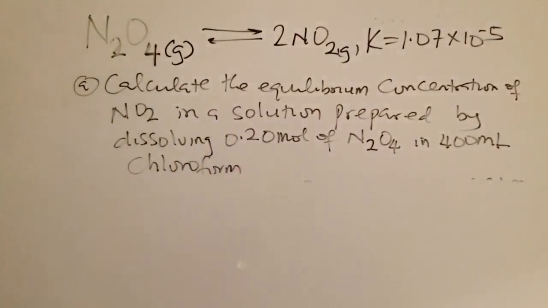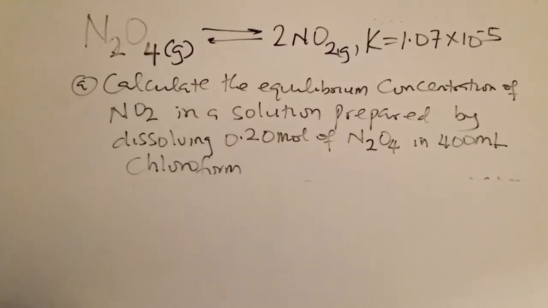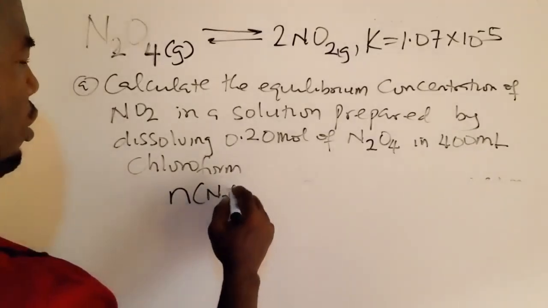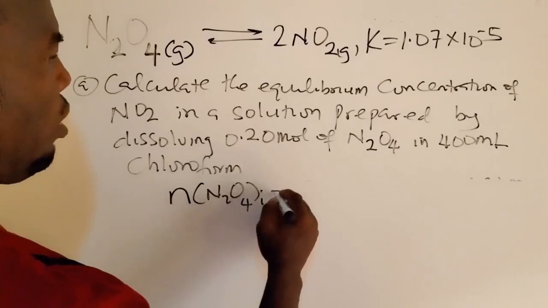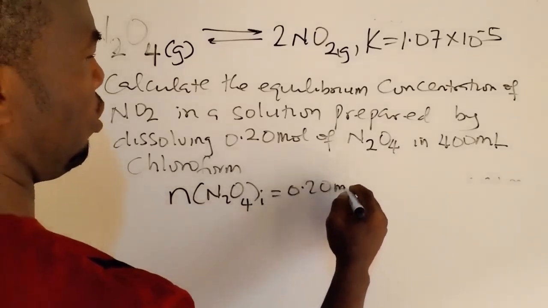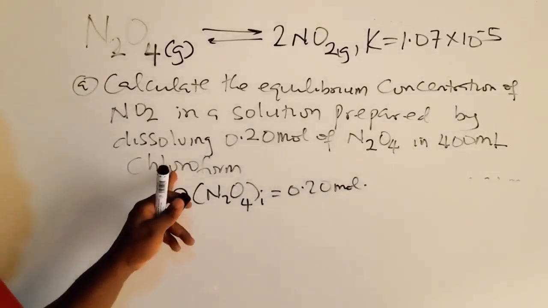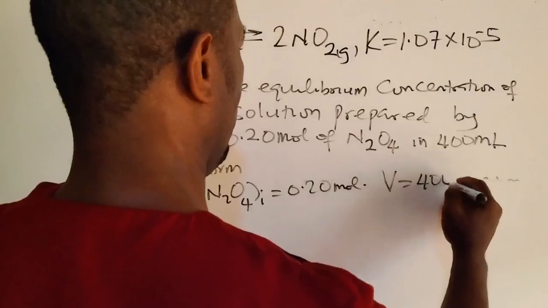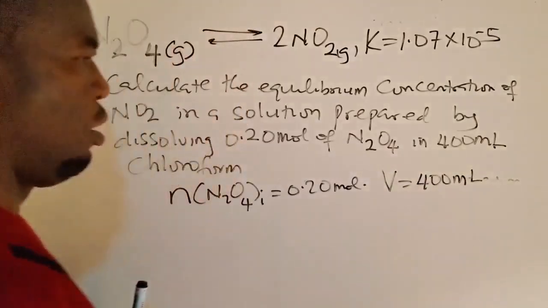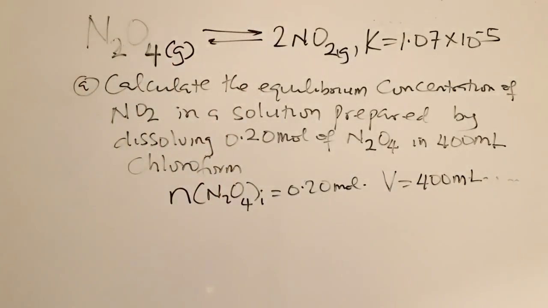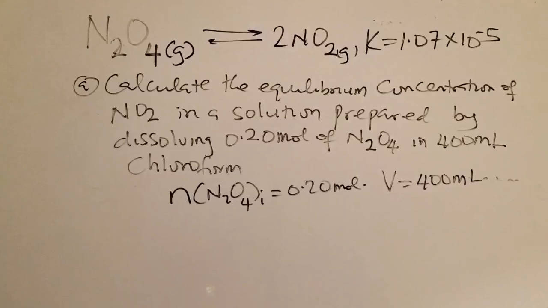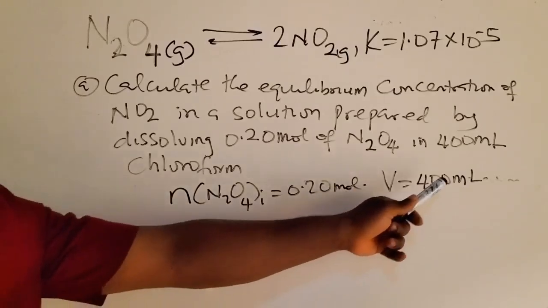Looking at the information in the first question, they give us the number of moles of N2O4. This is the initial mole, which we call I, 0.2 mole. The volume of the solution, chloroform, is 400 ml. Since we want to calculate concentration, volume should be expressed in liters because concentration is given in mole per liter, not mole per milliliter.